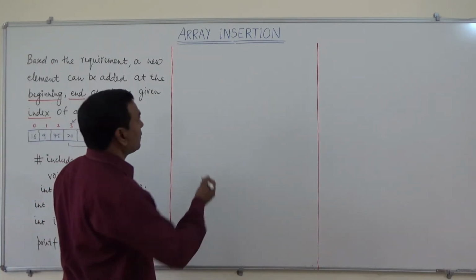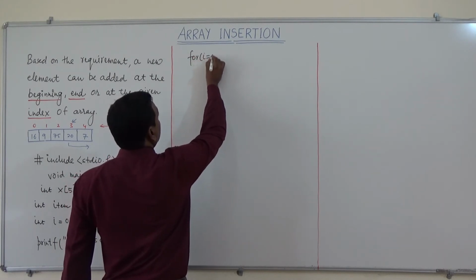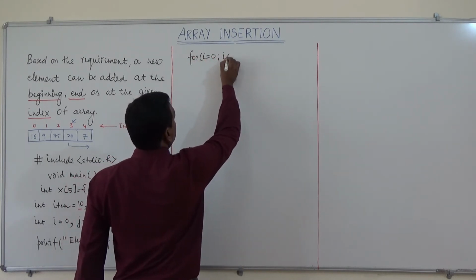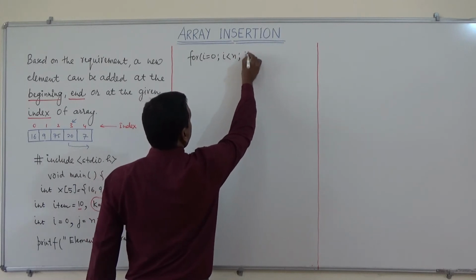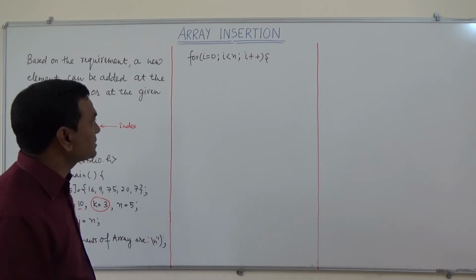So we can use a for loop: for i equals 0, i less than n, i plus plus, and then curly braces.